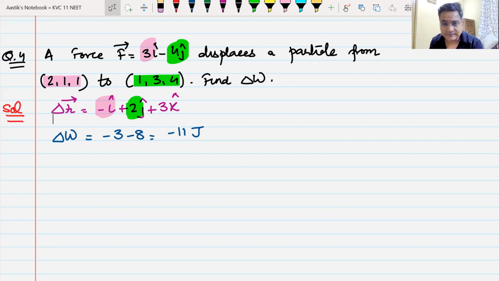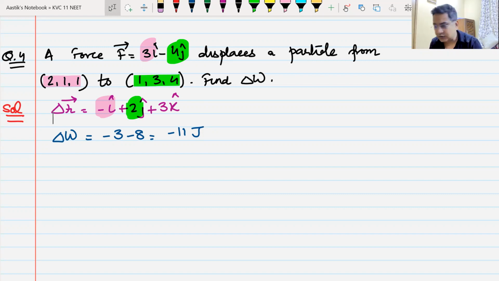We understand this. Then we have to subtract the initials from the final. You have to subtract 2 from 1. You know how much you will get? That is the x component. Then you have to subtract 1 from 3. 3 minus 1, 2. That is the y component. Then you have to subtract 1 from 4. That is 3. That is the z component.